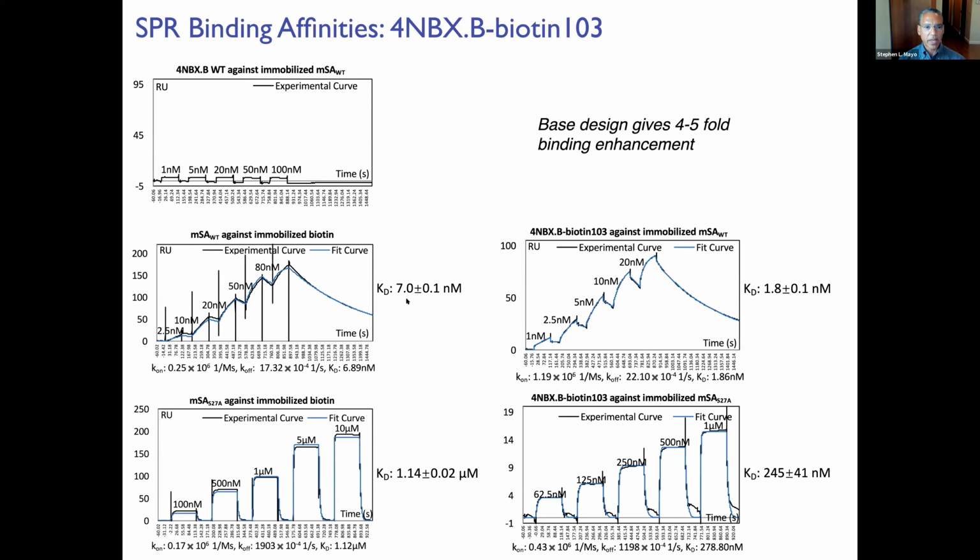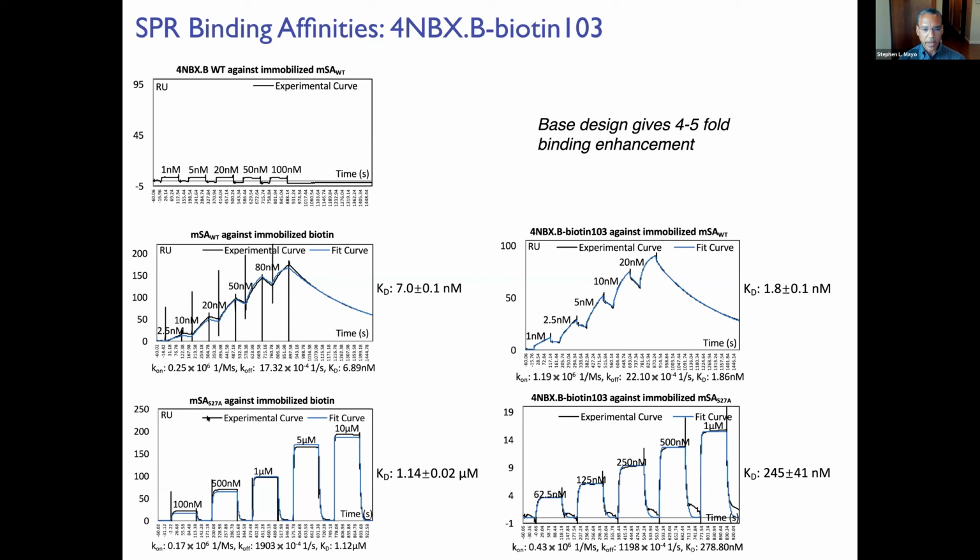So we go from a 7 nanomolar binding of biotin by itself to roughly 2 nanomolar for the CDR extended antibody complex.